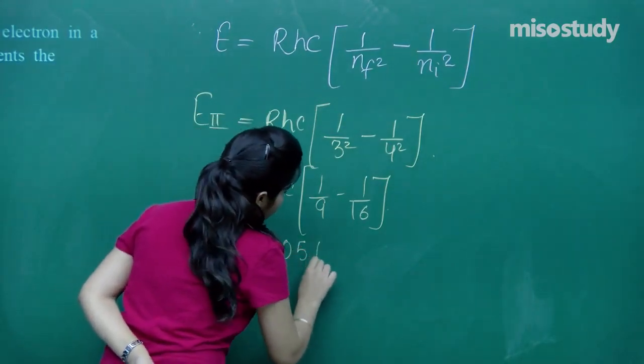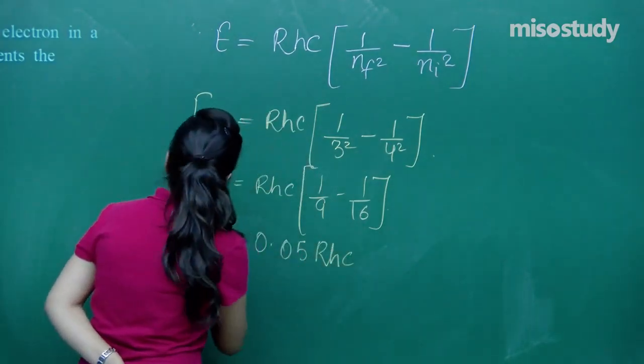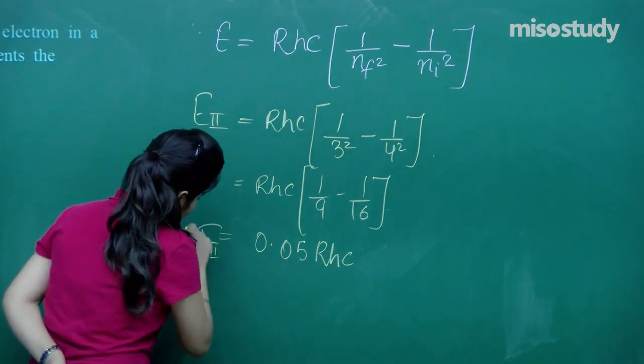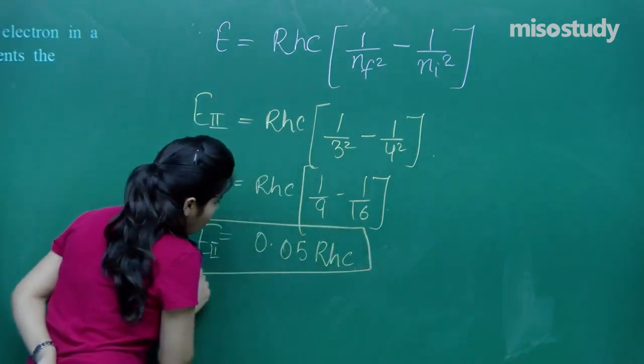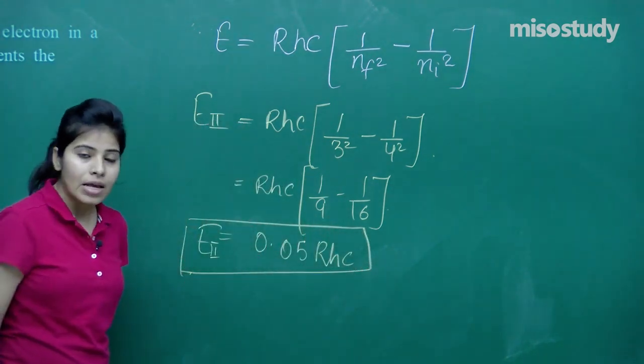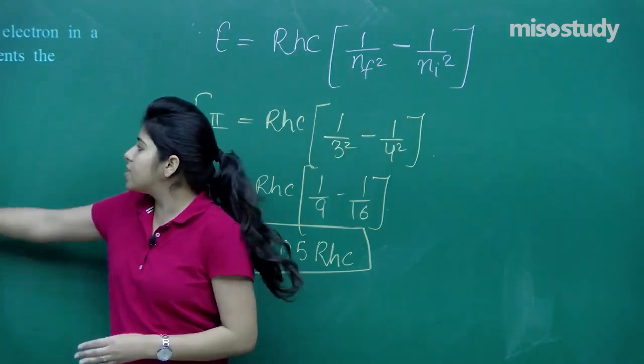If you solve this, you will see that E2 comes out to be about 0.05 RHC.